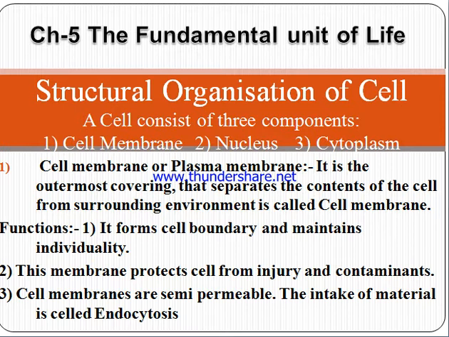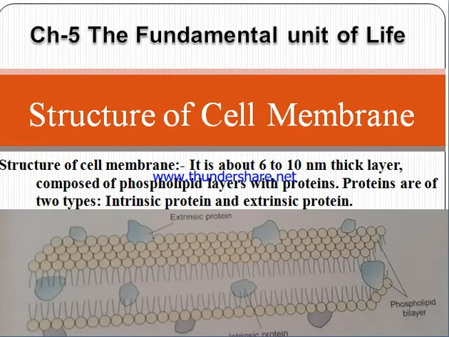It is semi-permeable in nature. The structure of the cell membrane is a 6 to 10 nanometer thick layer, having phospholipid layers with intrinsic and extrinsic proteins. Extrinsic are present outside, intrinsic are present inside.